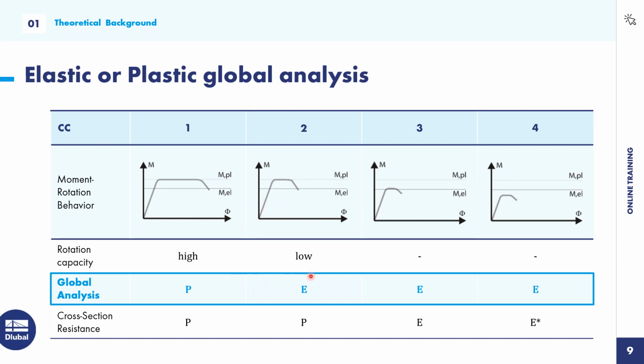In general, you are always on the safe side when you perform the cross-section design checks with the elastic method. So you take into account the elastic global analysis, which is pretty normal when you calculate with RFEM, and also take the elastic resistant cross-section values. So much for the elastic or plastic global analysis.